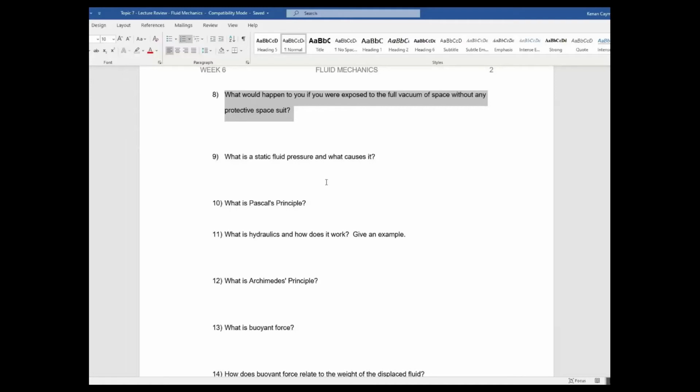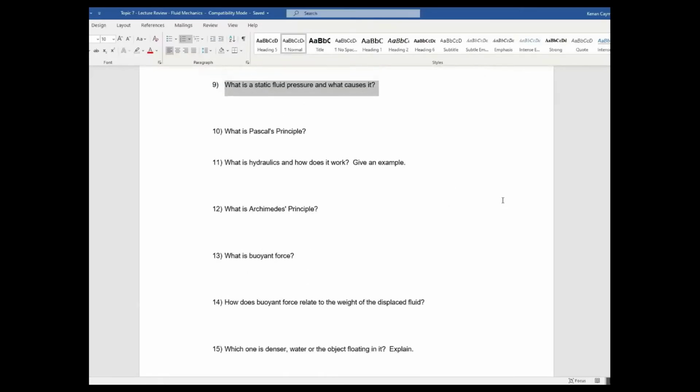The lungs would collapse. It would cause extreme bends. The blood would boil in the veins, and internal organs would go into seizure. I'm going to give you 10 points for that one. You covered everything. You would experience extreme bends. Eventually, it would kill you, right?